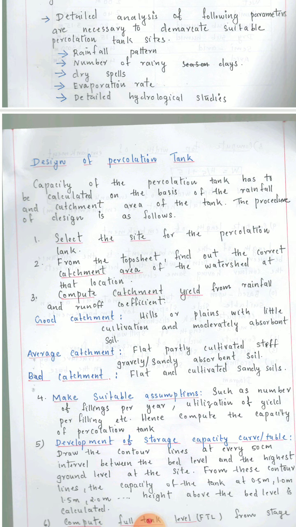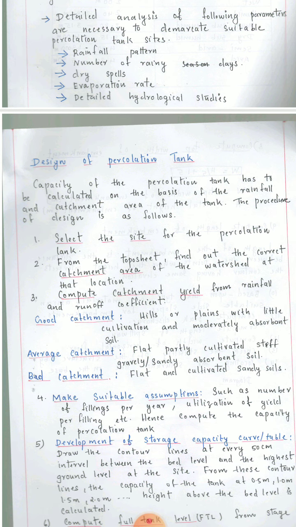There are some parameters which are to be considered during the demarcation of the percolation tank. First one is rainfall pattern. Depending upon the rainfall intensity, we will be deciding this percolation tank. Second one is the number of rainy days. Means for how many days the rainfall will be occurring is also important. The next is dry spells.